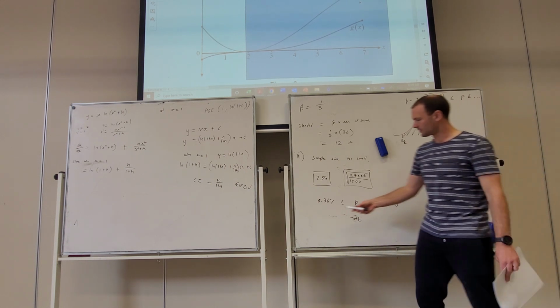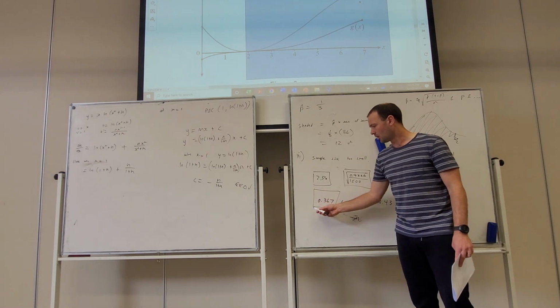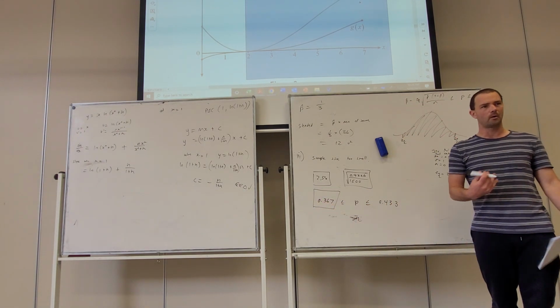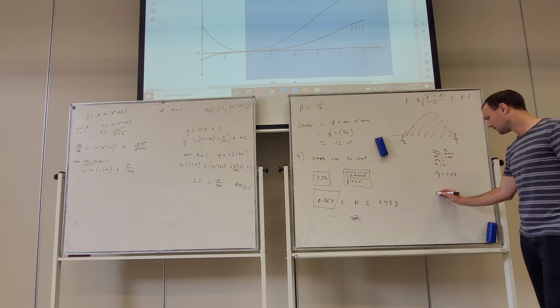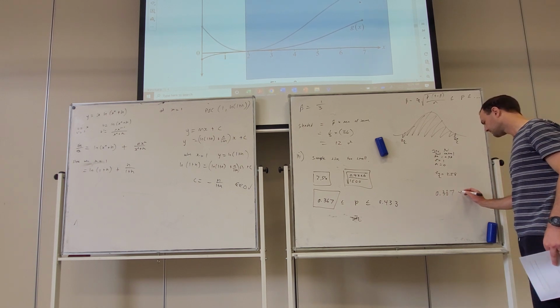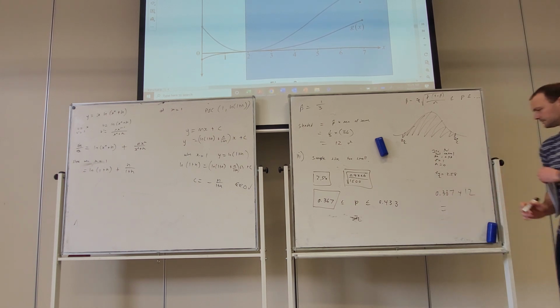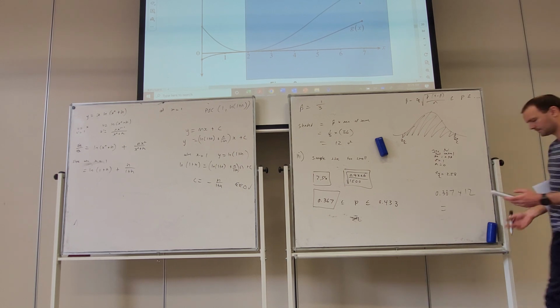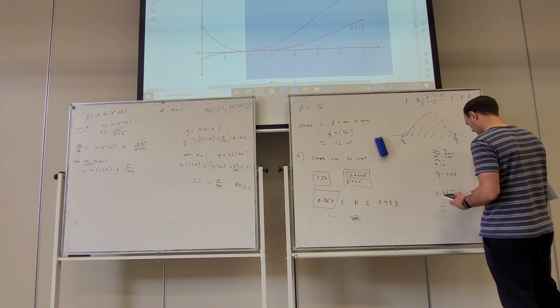So that means if we take the lowest possible value of the proportion and multiply it by 36, we've got 13.12.